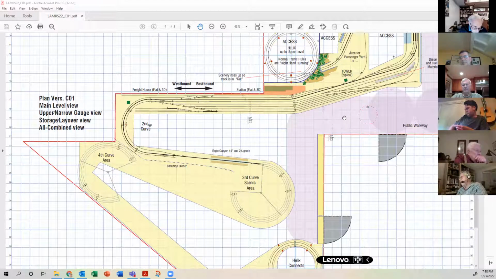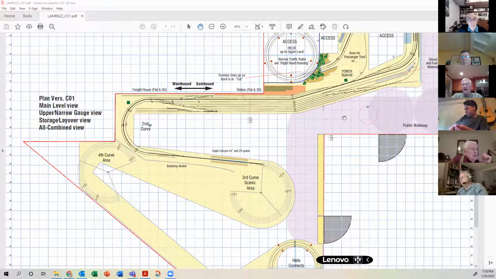Although the vertical study showed the lower level, which was assumed to be layover and storage, not hidden, but fairly close to the main level, whereas the upper level had a larger distance to be more effective for scenery work.